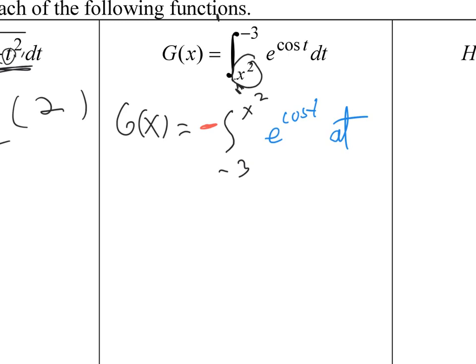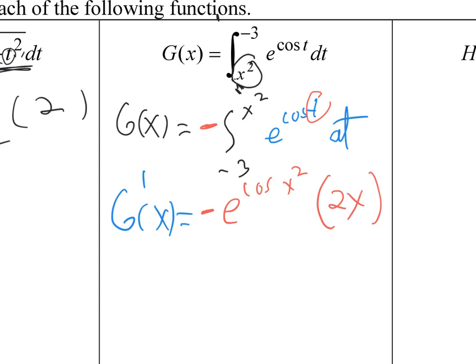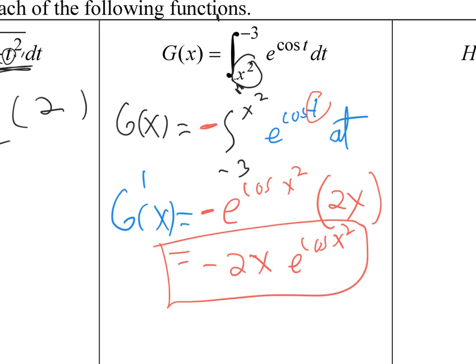So what we do here is, using the second fundamental theorem of calculus, t becomes x squared. So it's e to the cosine of x squared with a negative out front times the derivative of x squared, which is 2x. Negative 2x e to the cosine of x squared would be the derivative.